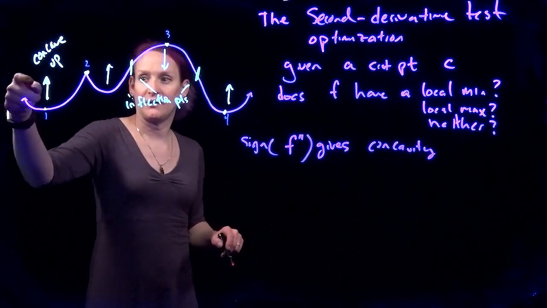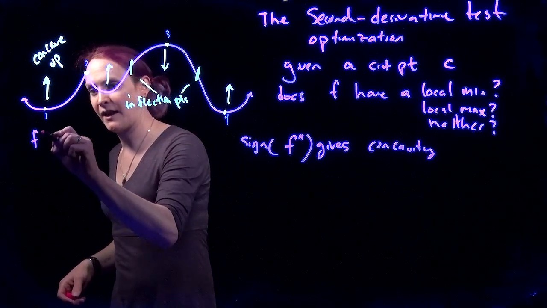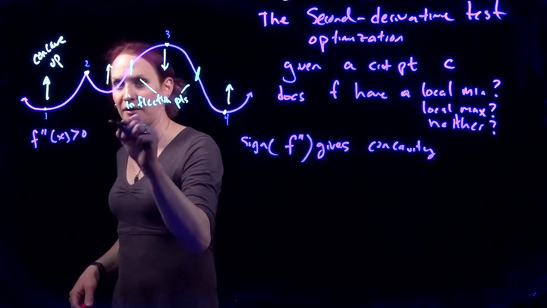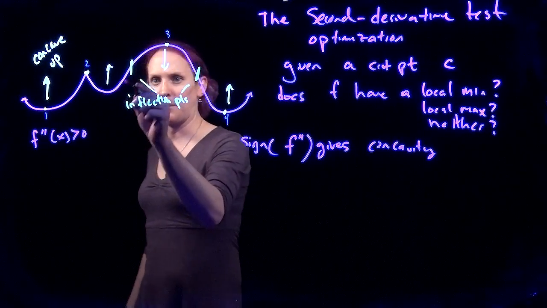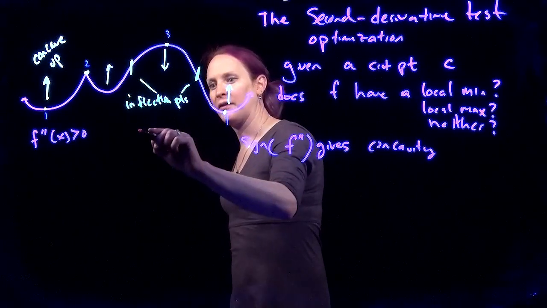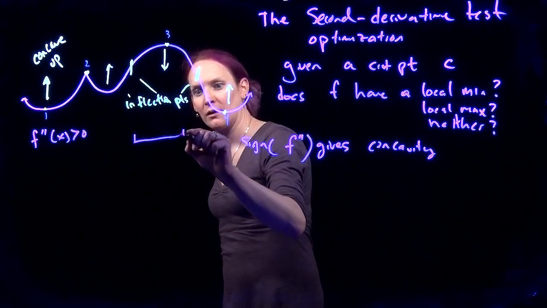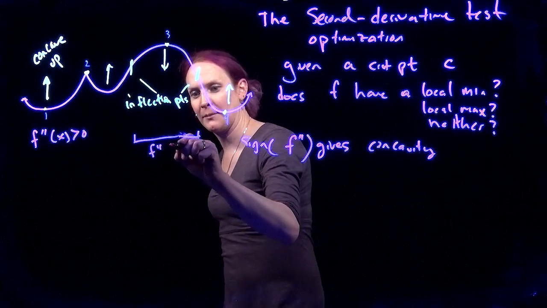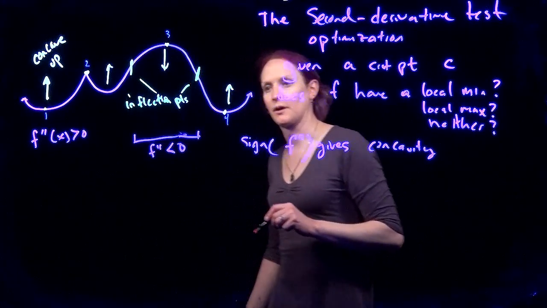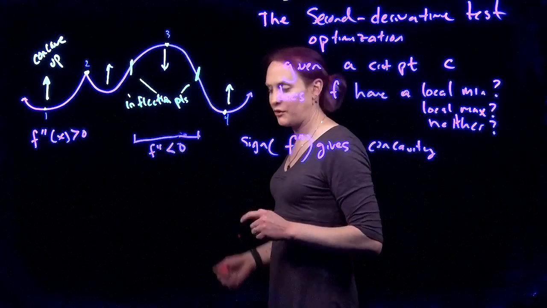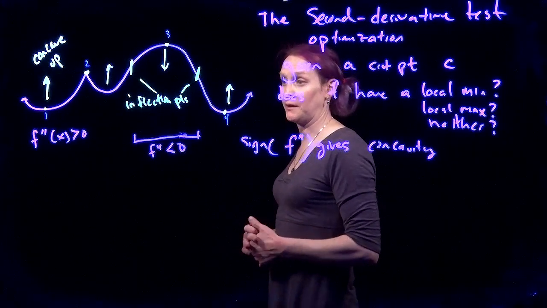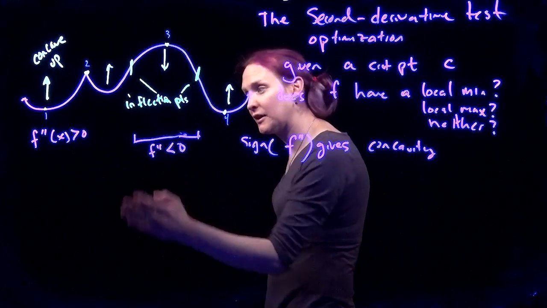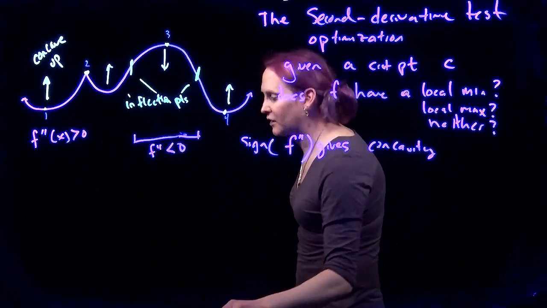Here the function is concave up, which means that f double prime of x on that interval is positive. f double prime is positive. Here, in that interval right there, f double prime is less than 0. So there's a tight correspondence between the concavity of the function and the sign of the second derivative.